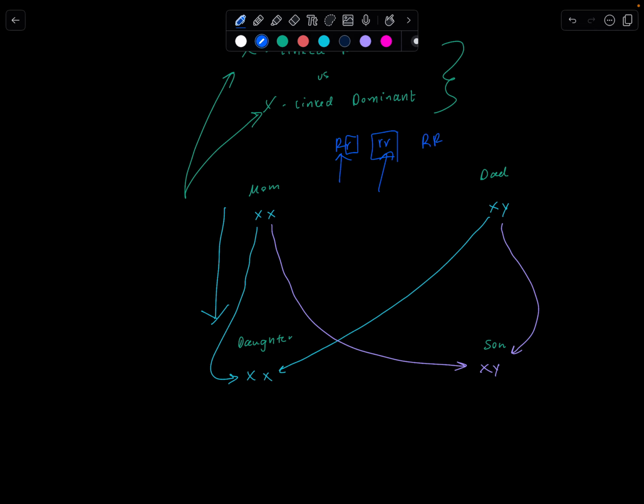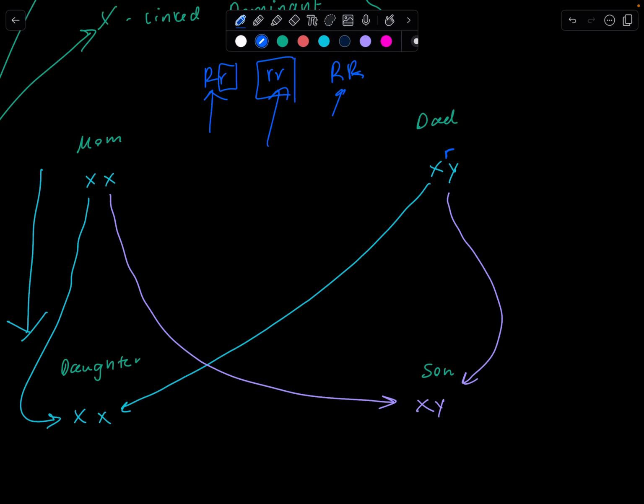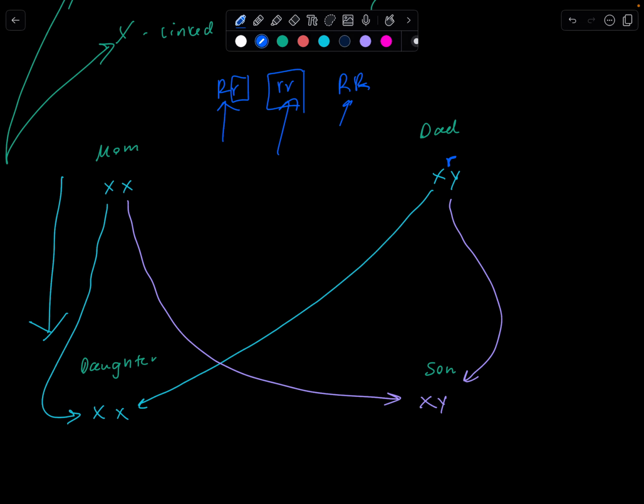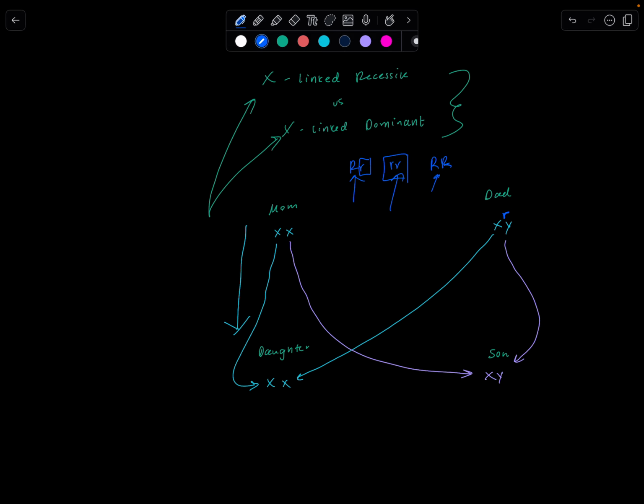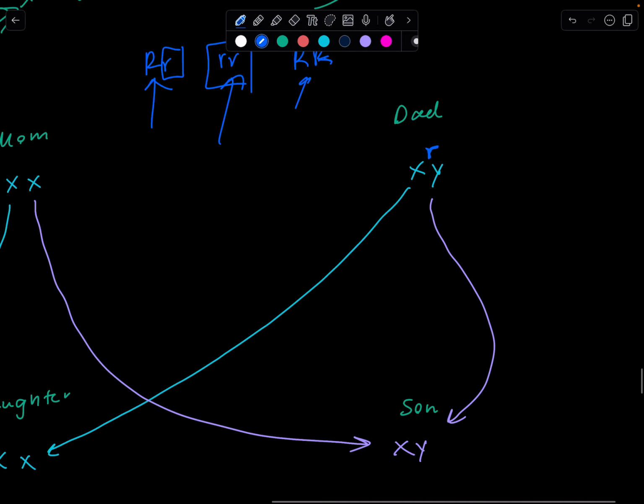And if you have this, of course you won't have the disease because there's no mutation allele, so there's no little r in that genotype. So let's say that our dad has this r. The thing about males is that if they have the lowercase r, only one is enough to get the disorder.